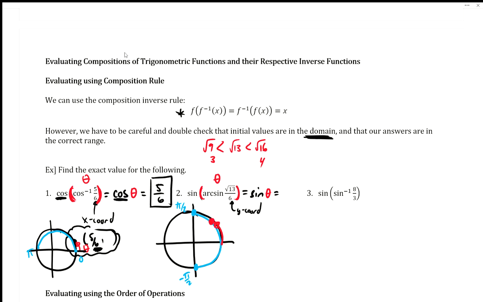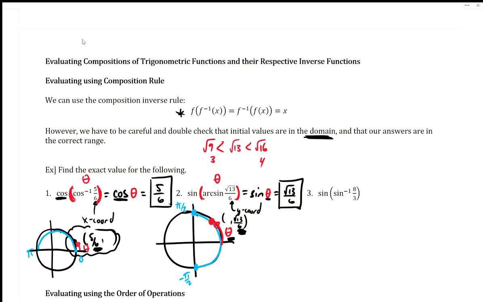So that's that angle. I don't know what the x coordinate is, but I do know the y coordinate. Still like the first problem, it's a roundabout way. Arcsine of radical 13/6 is this angle, but sine of that same angle is that y coordinate. So we do get radical 13/6 for the final answer.